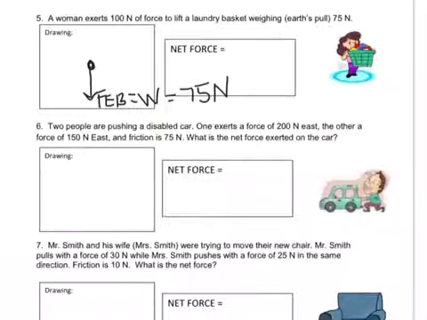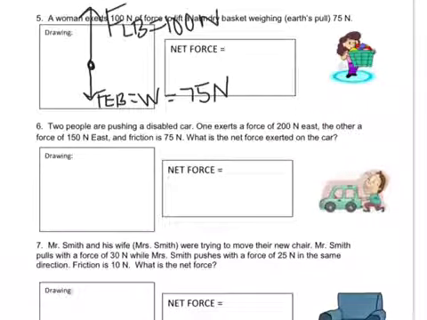And then it says the woman is exerting a force up to lift it with 100 newtons, so my vector up has to be longer, so that's the force of the lift on the basket, which is equal to 100 newtons. So 75 down cancels 75 up, and you're left with a net force of 25 newtons.